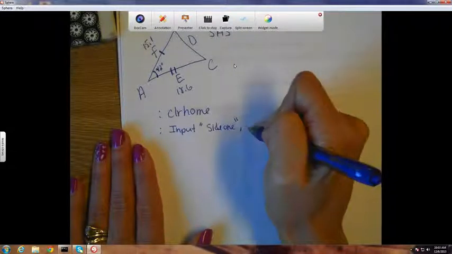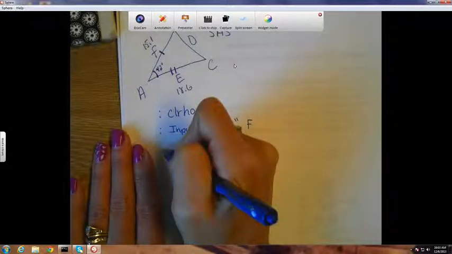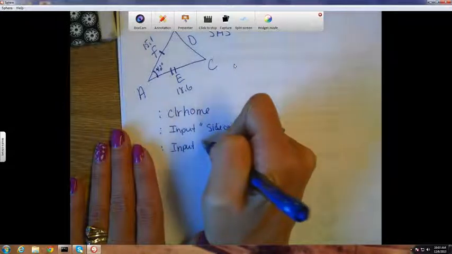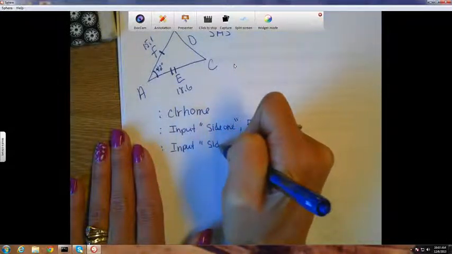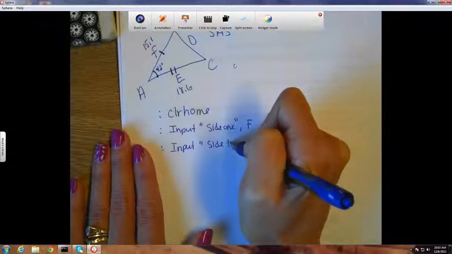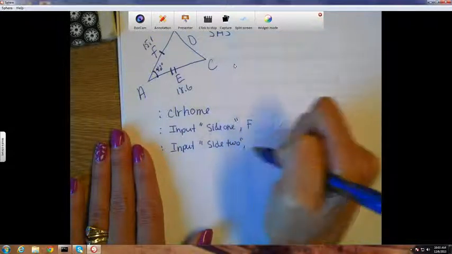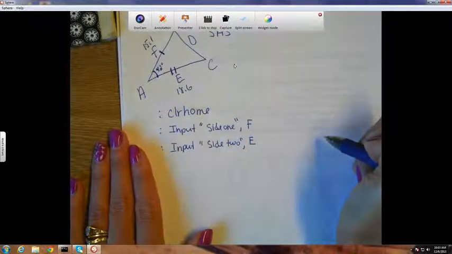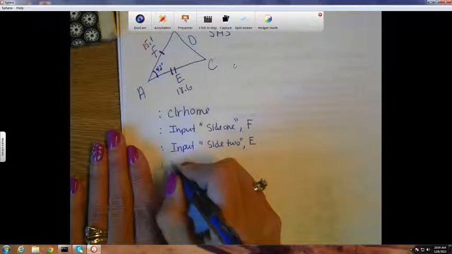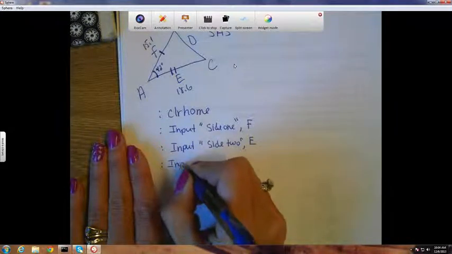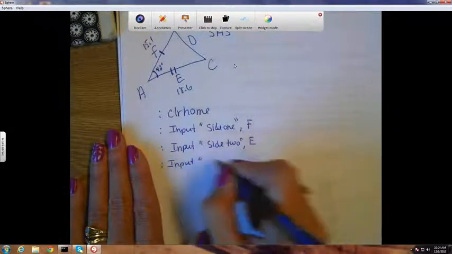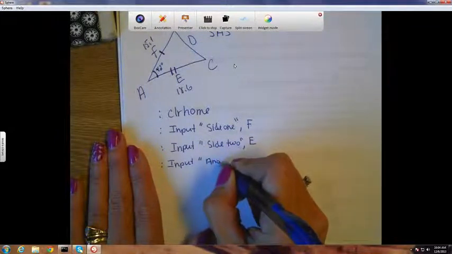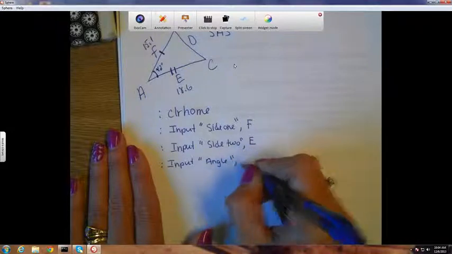F or E, it doesn't matter. Then input. Side 2. That's an E. And then input what's my last input? This side one's going to have a safe angle. Yep. And that's A.